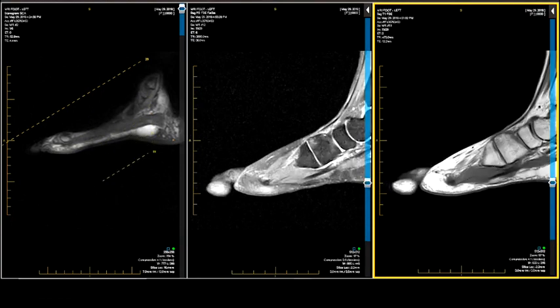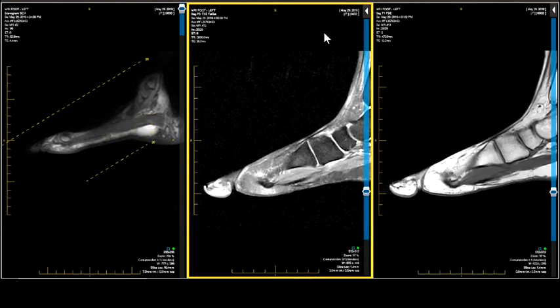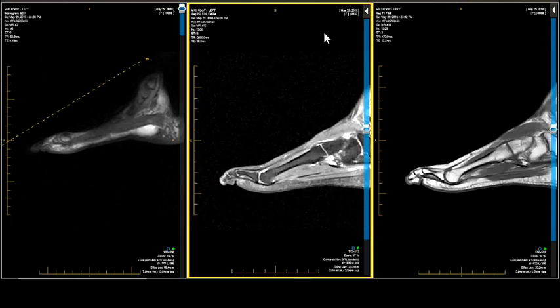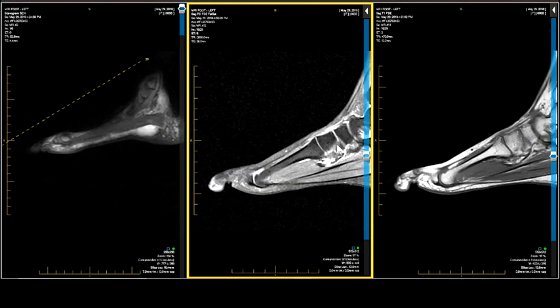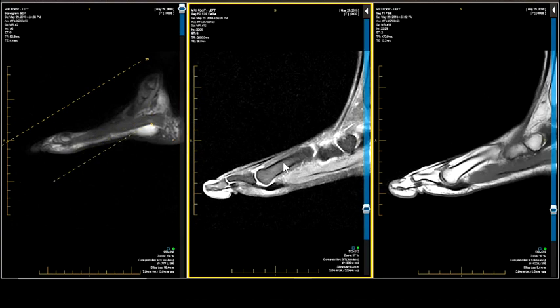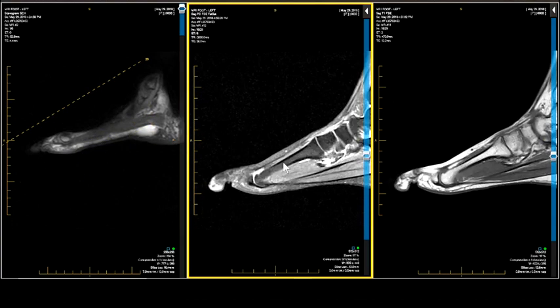So this is sort of how I would get my bearings in a case like this, where there's not a lot of history. I go to the water-weighted image and see where the greatest intensity of swelling is. And it all seems to be centered here, not in the shafts and not in the toes.